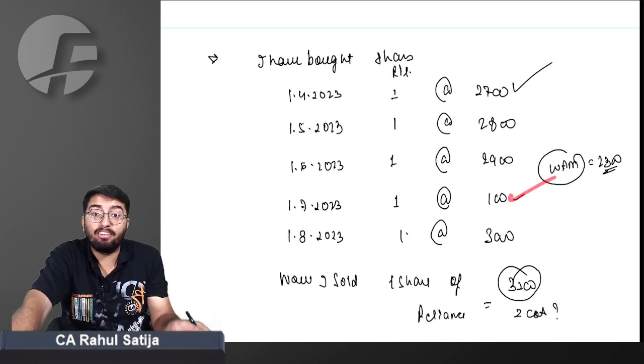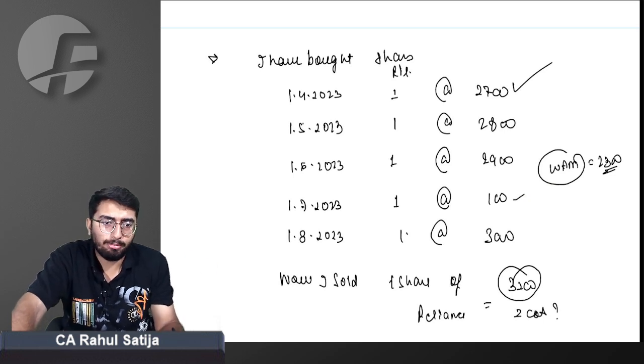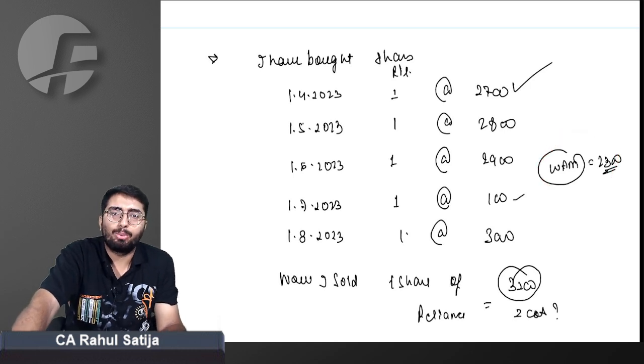Will it be the first share entered into the demat account, or the first share ever bought, later dematerialized, or the weighted average price of such shares?